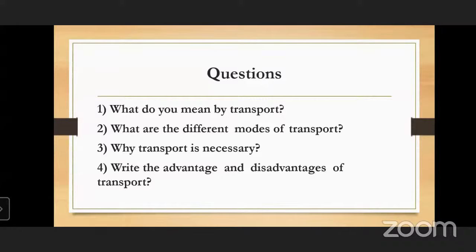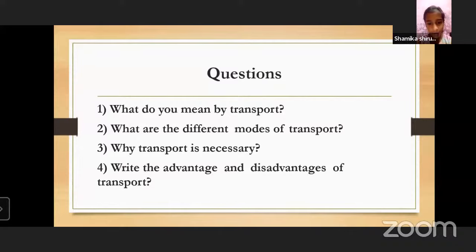Transport is necessary because our daily routine is based on transport only. We are all doing work. Our parents are also doing work, but for that work they have to travel from one place to another. For traveling purposes, we have to use transport daily. So it is necessary.